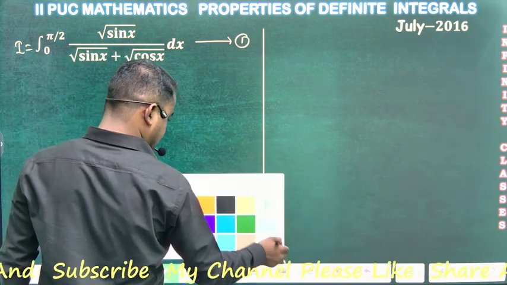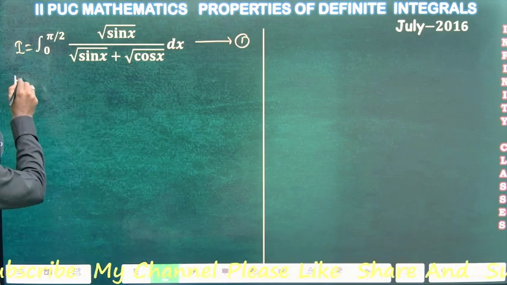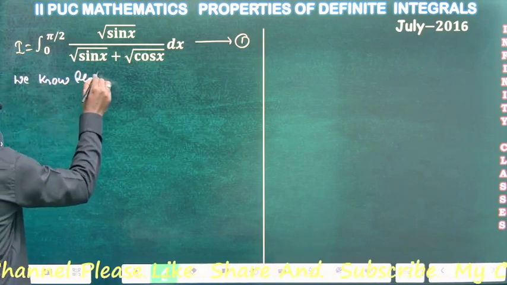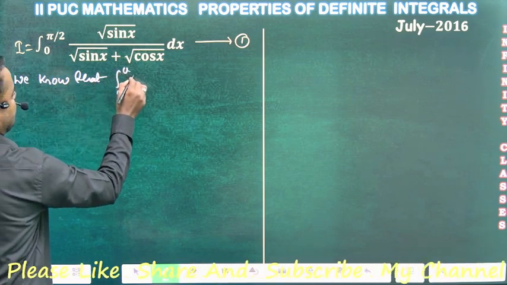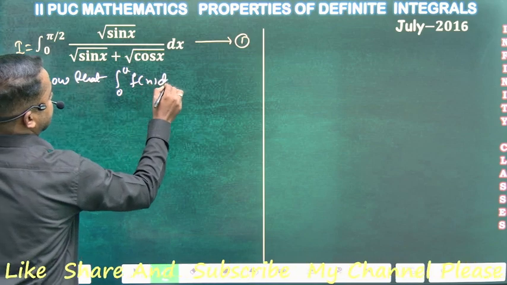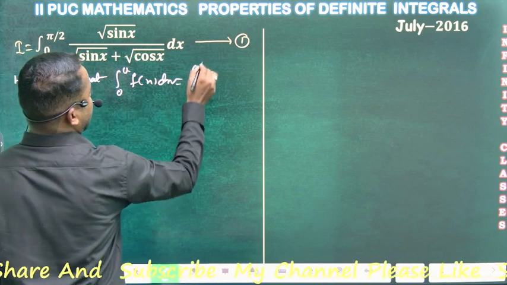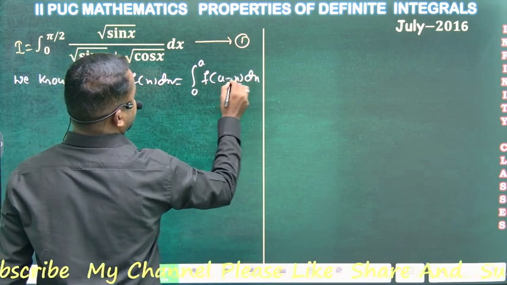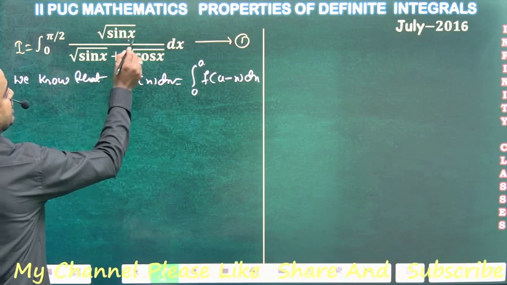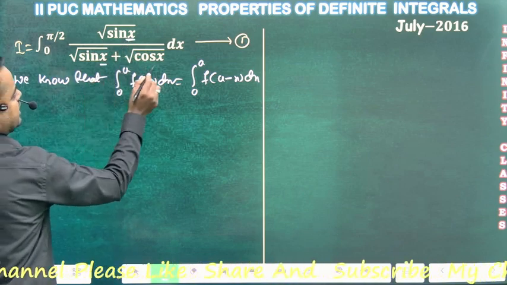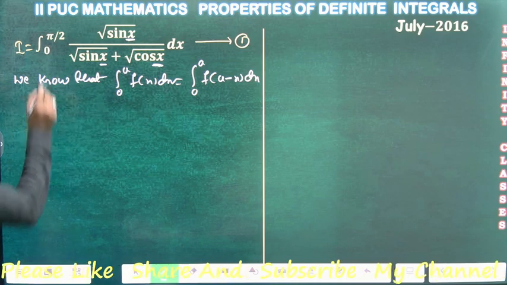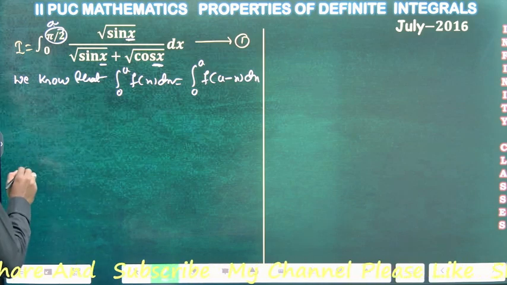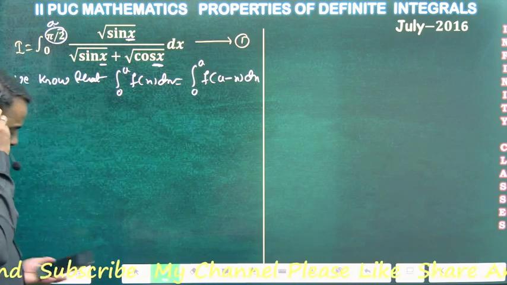Now we know the property, write the property first here: integration of 0 to a f of x dx is equal to 0 to a f of a minus x dx. Now applying this property here for three terms, x, x and x. So a means what here? 5 by 2, that is a minus x.